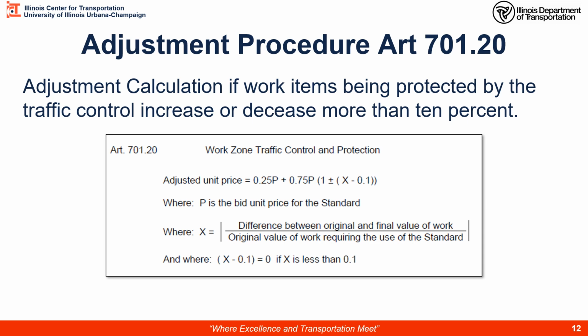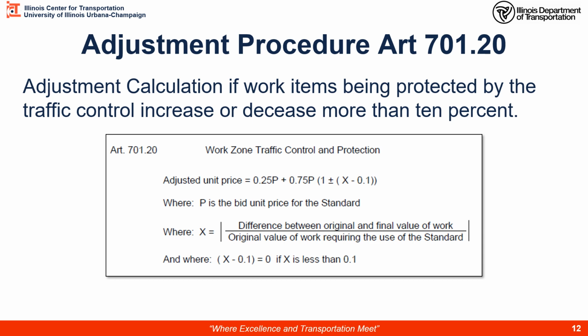This calculation is performed when the work increases or decreases more than 10% from the bid. If we look at the formula here, we have the 0.25 times the bid price, which is per specification.